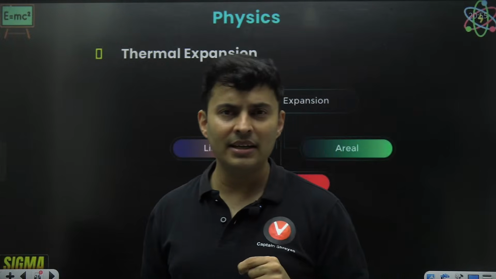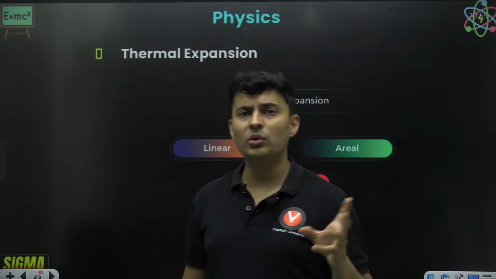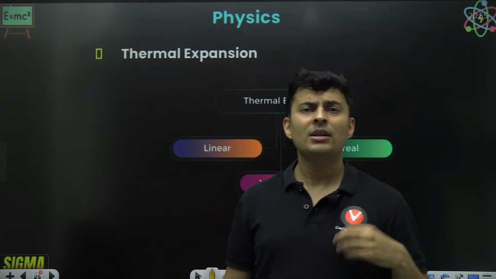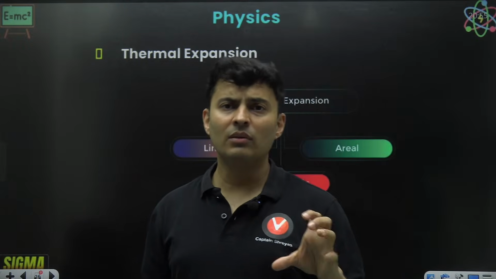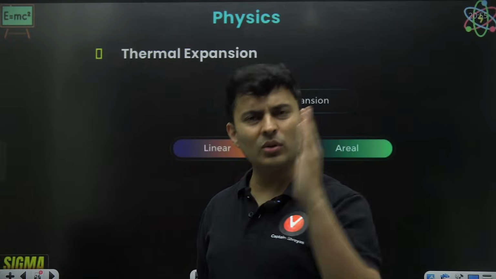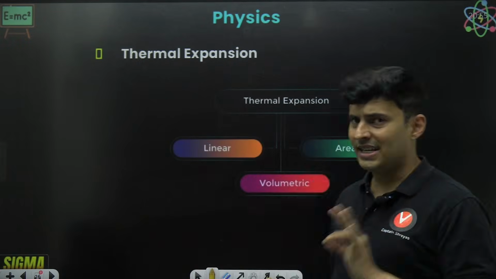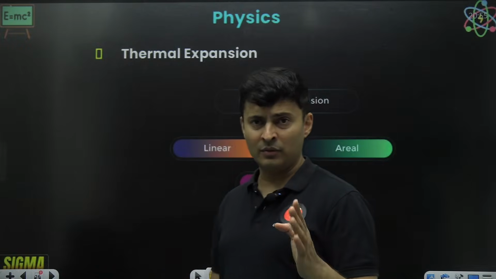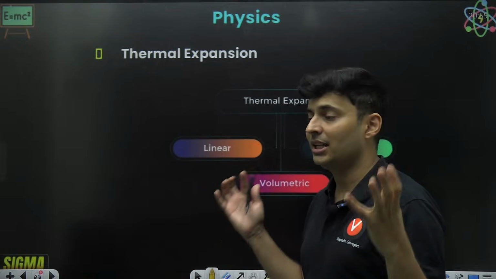PV = nRT: volume and temperature are related to the number of moles and the pressure. That's how you relate the volumes with the temperature for gases, that too ideal. So we will not focus today on gases. We are going to mainly focus on solids and liquids.